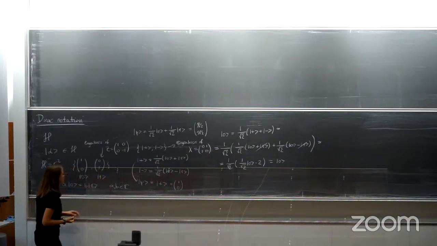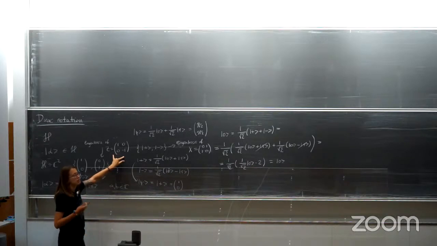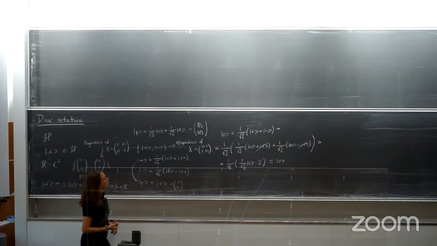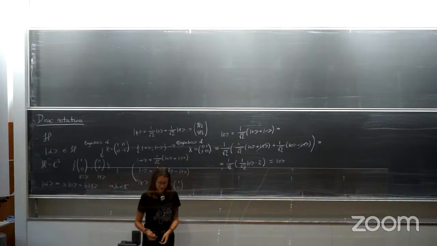Eigenbasis means that if I act with this matrix, this operator, on this vector, I get out the same vector with its eigenvalue. Does it answer the question? Yep. Okay, perfect.